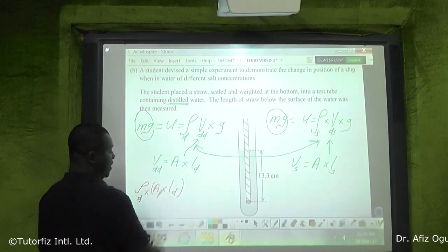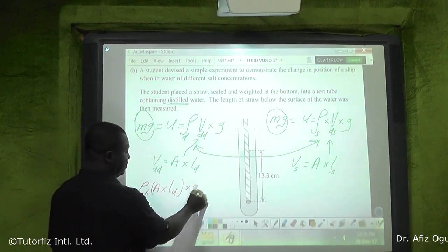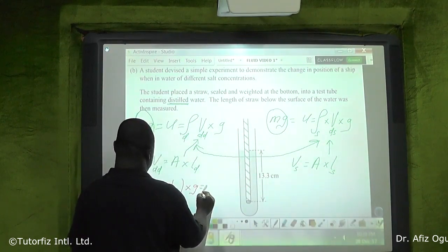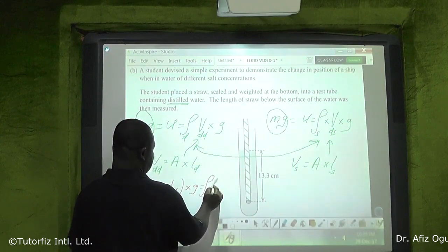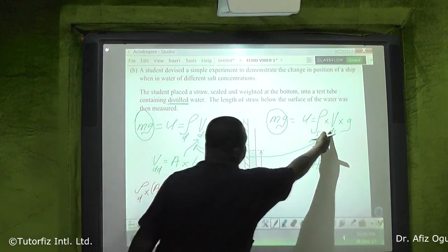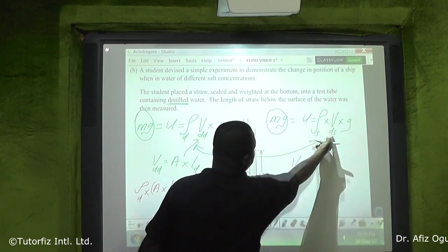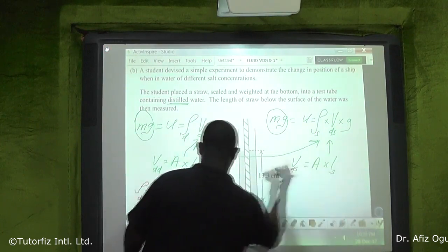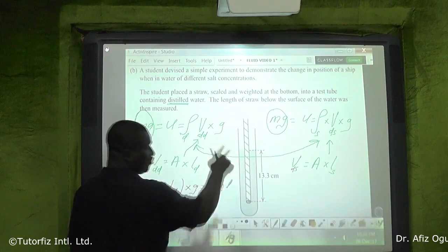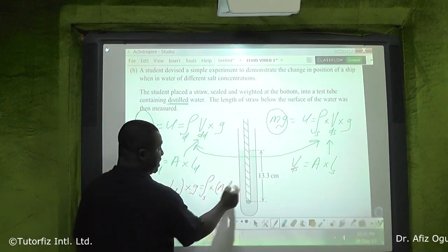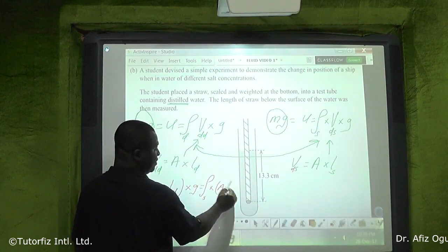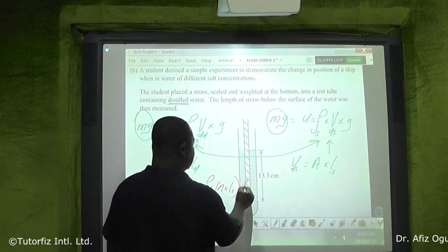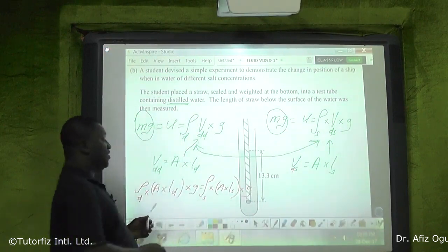This is the volume of distilled water, don't forget that, times g, equals, since upthrust is the same, density of salt water times, instead of volume of displaced salt water, I write area times length of salt water. The cross-sectional area of this is the same, and of this is the same, times length of salt, times g. You can see they are equal.